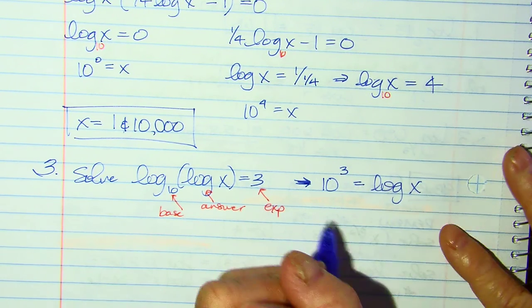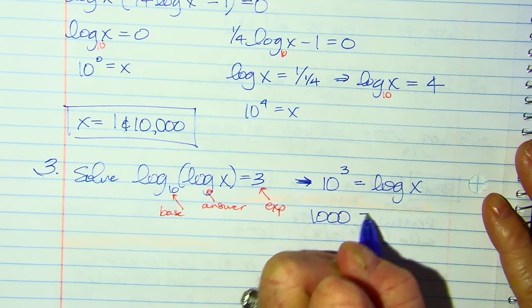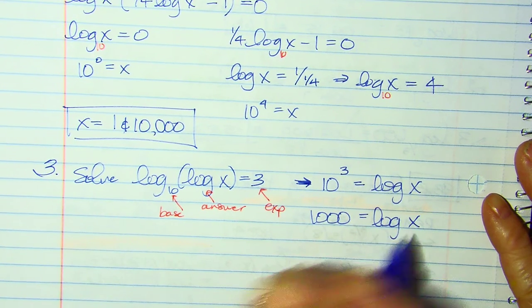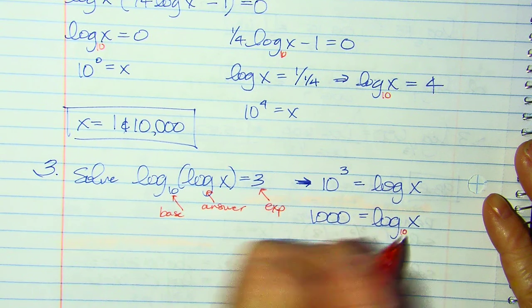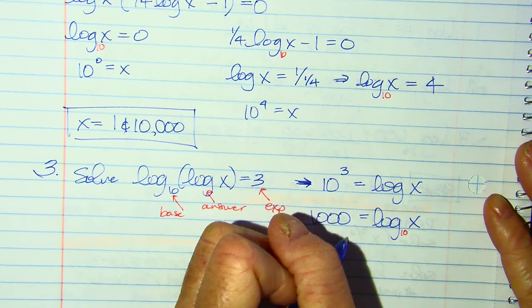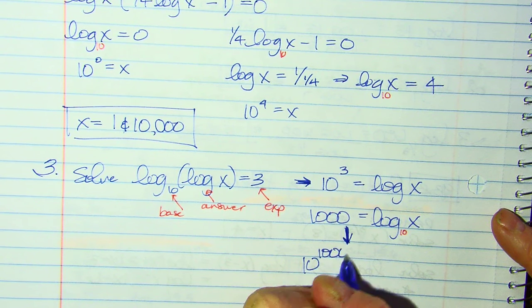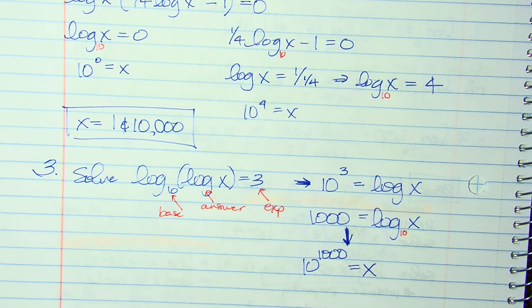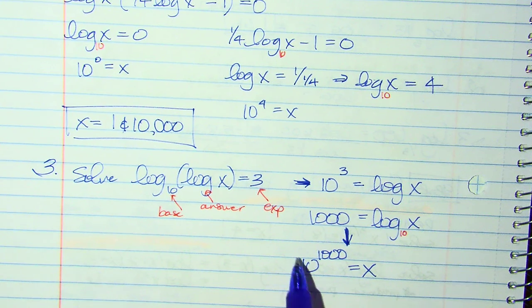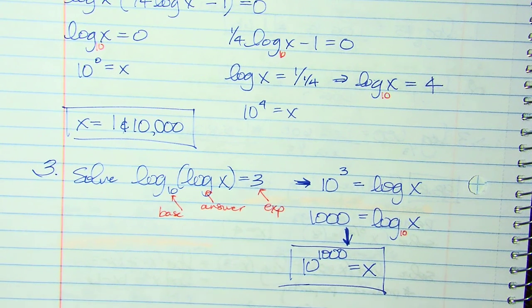So now I've got 1,000 equals log of x, and I have an invisible base of 10. So I'm going to write this in exponential form: 10 to the 1,000th power equals x. Now this is too big of a number to enter on my calculator, so I'm simply going to circle this as my answer.